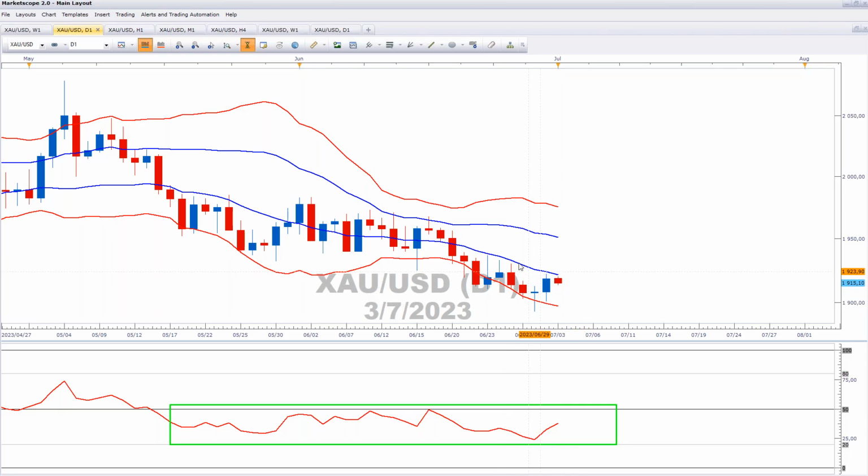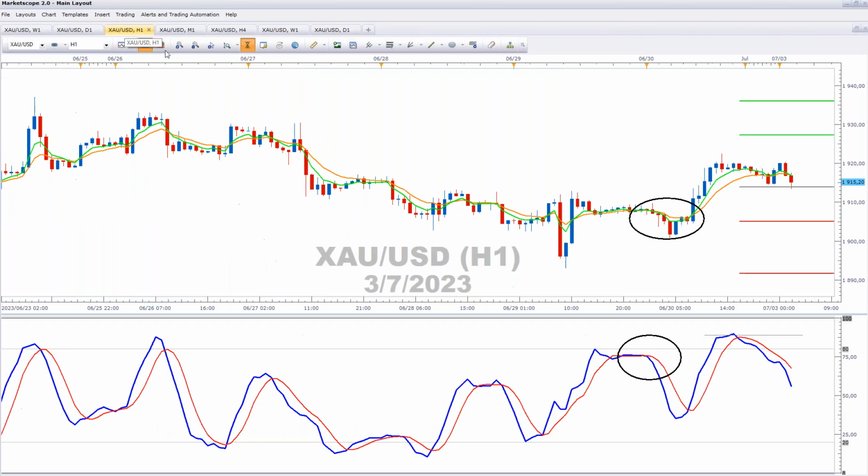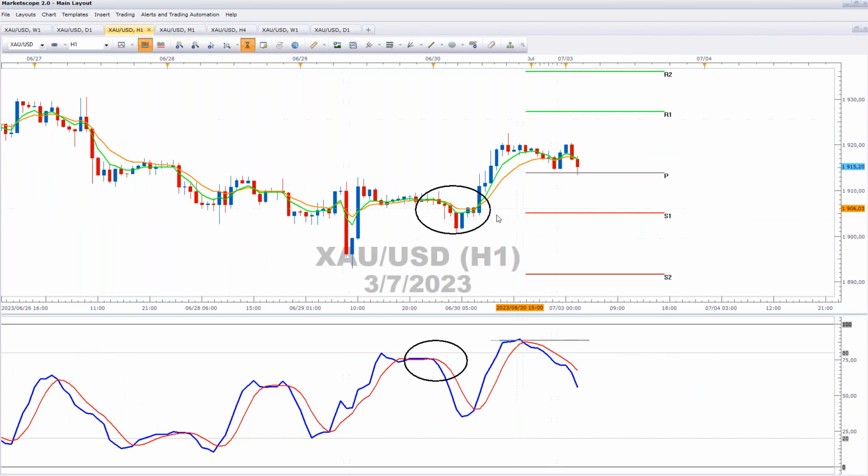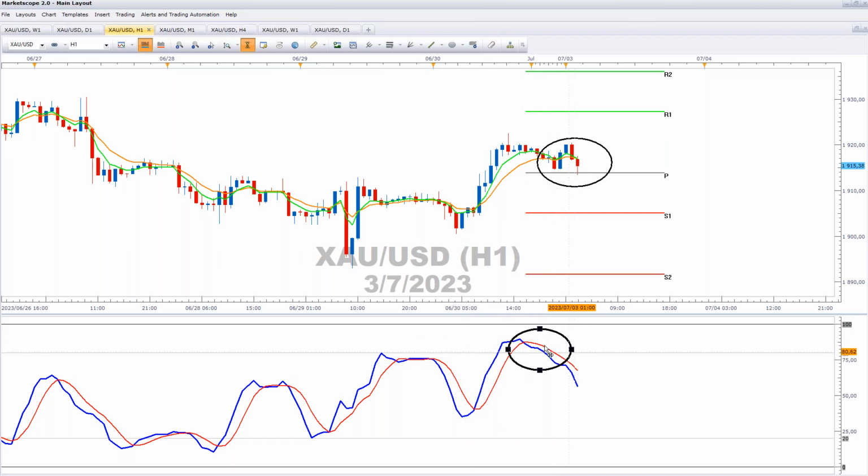So the fact that it's got more pressure on the downside, the fact that it's in zone 3, let's go down to the hourly and see if there are any potential signals on the hourly chart. We can wait to see if we get a negative crossover of the EMAs on the hourly. The stochastic, which is momentum based, has already pushed south.